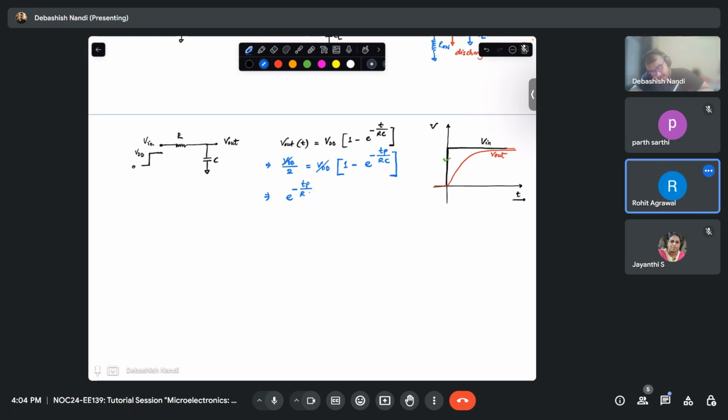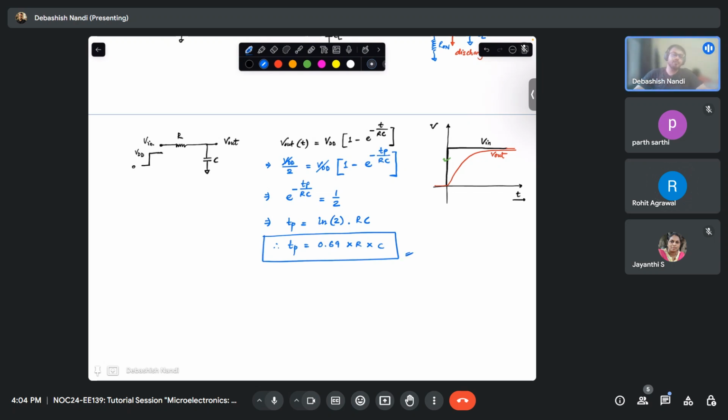TP by RC is equal to half. That means TP is equal to ln2 times RC. That means your propagation delay is 0.69 times R times C. So this is very important, okay? How we get this formula is very important to understand.